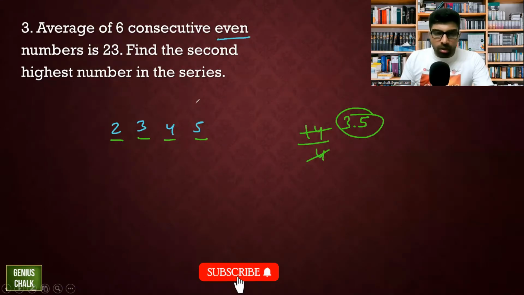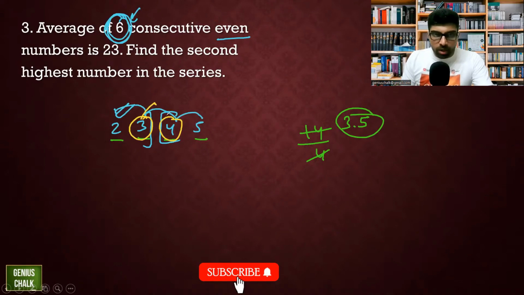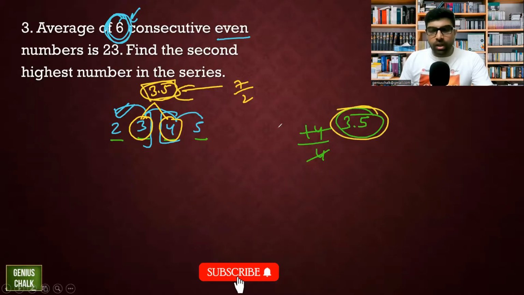If the total number of things are even, here I am taking normal numbers, but the total number of things are even. Here it is 6. I am giving you an example of 4. So 2 numbers this side, 2 numbers this side, and what comes in the middle now? 3 and 4. And what comes in their middle? Average of 3 and 4 has to be 3 plus 4 by 2. That is 7 by 2, and that is going to be 3.5, which is the actual answer.